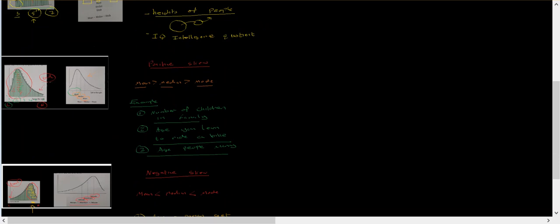Then you can have data that has a positive skew. With a positive skew, you look for the tail. The tail is generally on the right hand side, and the majority of your data points show up on the left hand side on the lower end of the scale. Some examples would be the number of children in a family, which is generally on the lower end of the scale, maybe 2 or 3 children.